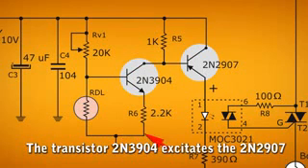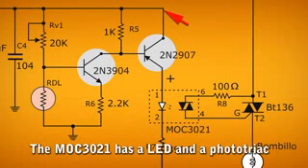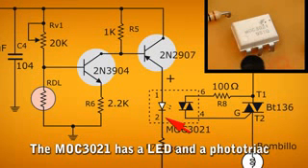It's at this moment that the transistor conducts from collector to emitter, which polarizes the 2N2907 PNP transistor. This means that a negative voltage arrives at its base. When driving, the 2N2907 transistor passes a positive voltage from collector to emitter and reaches the optocoupler.